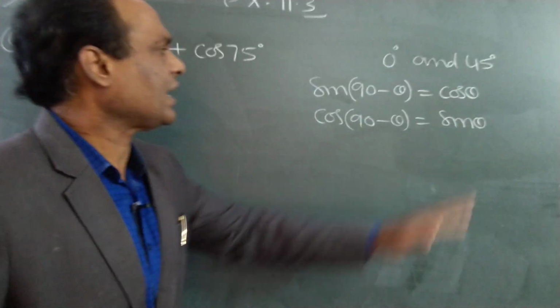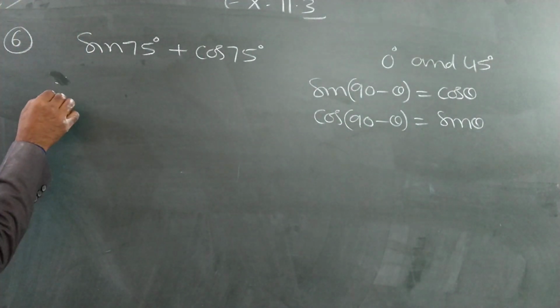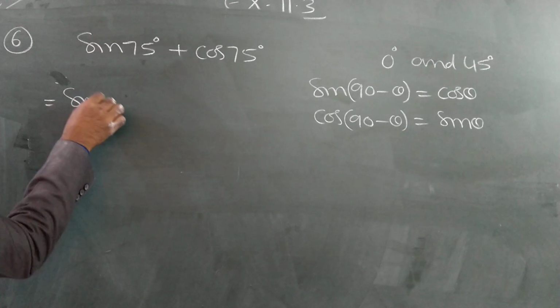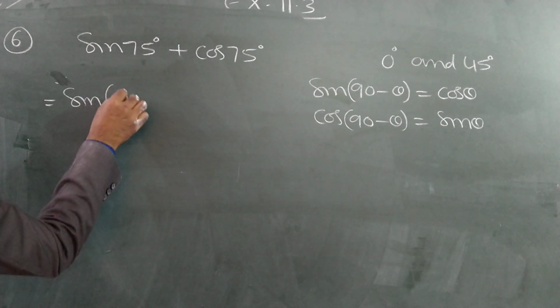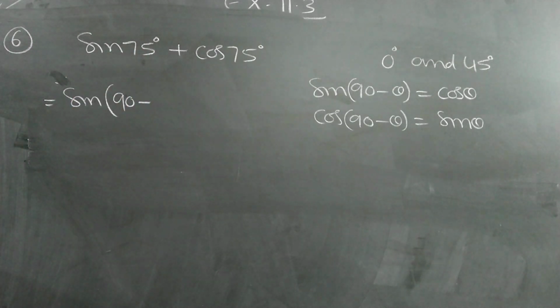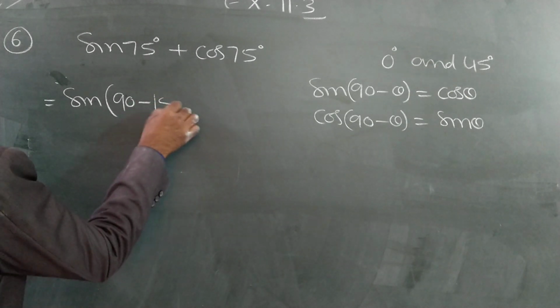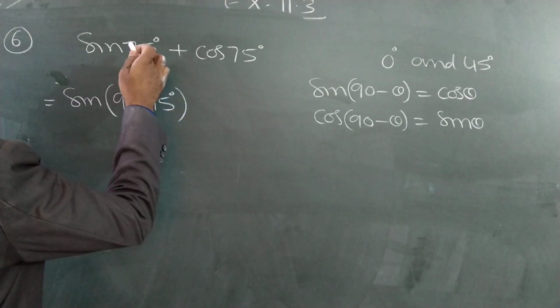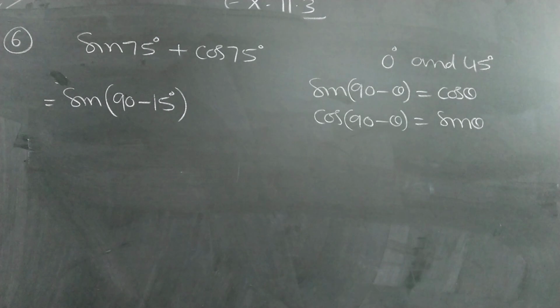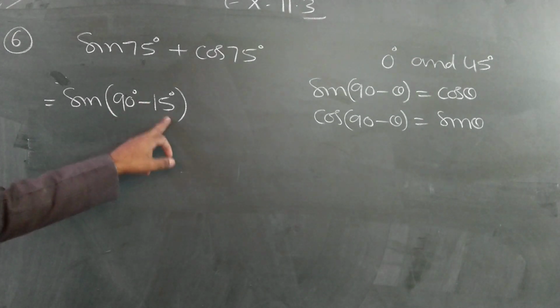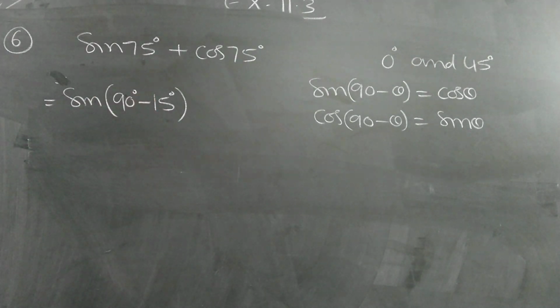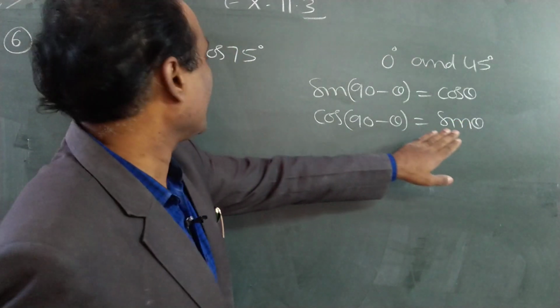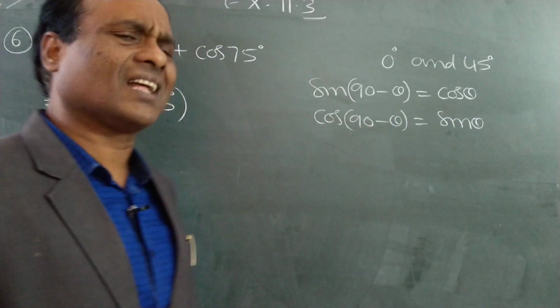I will use it from this side. So I will use this 90 degrees. 90 minus how much is 75? 90 minus 15 is 75. Or if you use it in reverse order, it will be convenient. That also you can use.